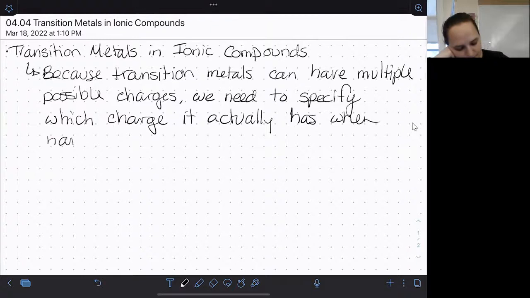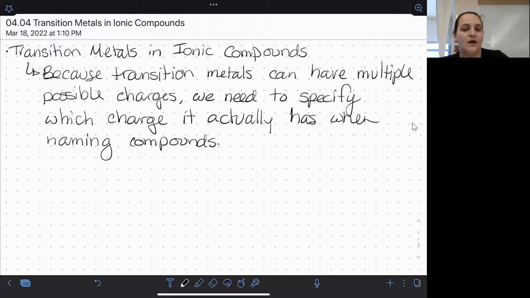So, for instance, if I asked you to write the formula for iron oxide, you couldn't do it because iron can have multiple possible charges. So there are multiple different ways that iron and oxygen can combine.